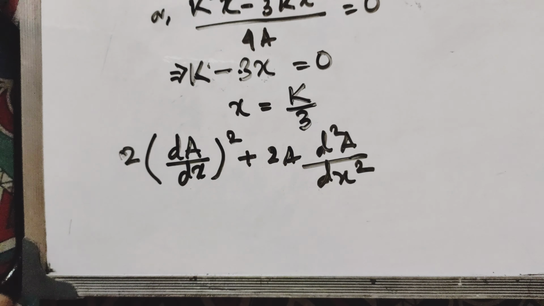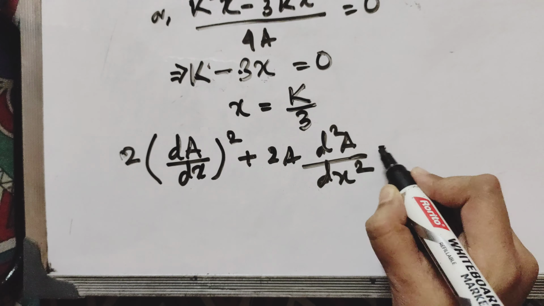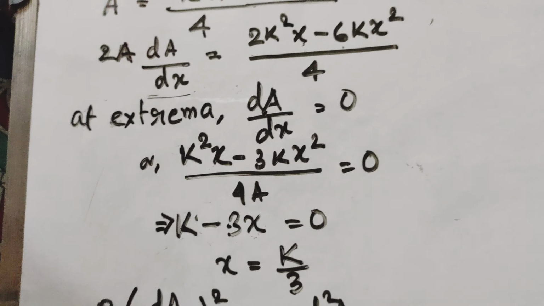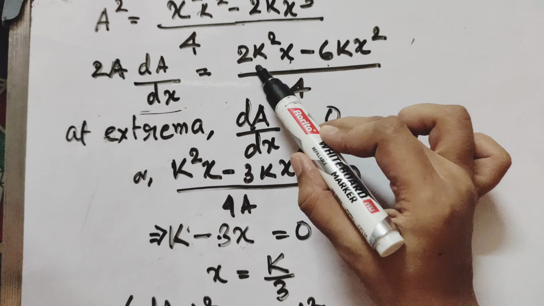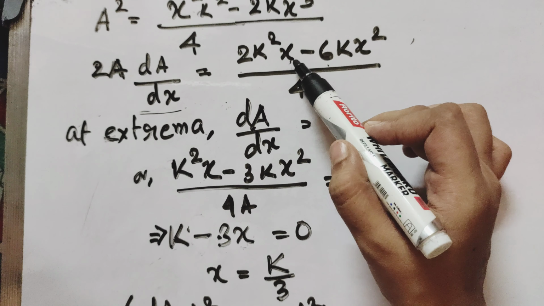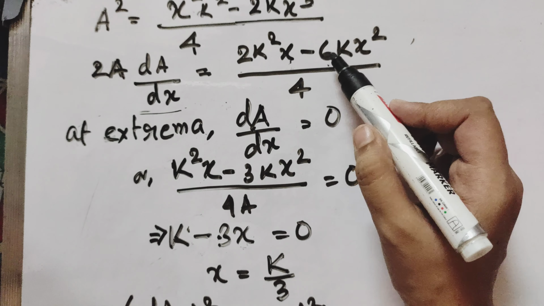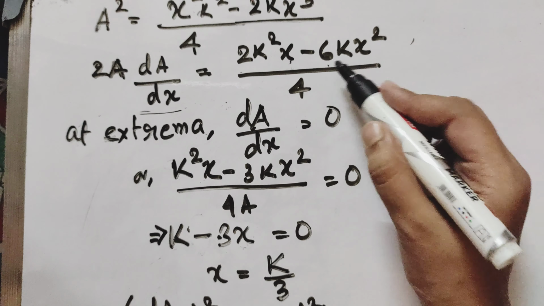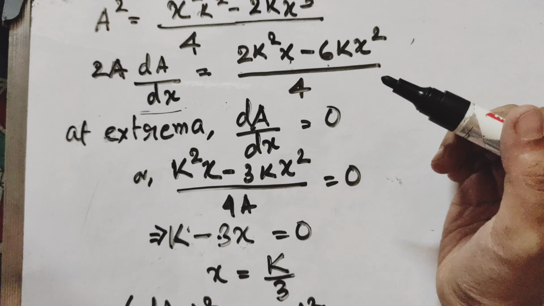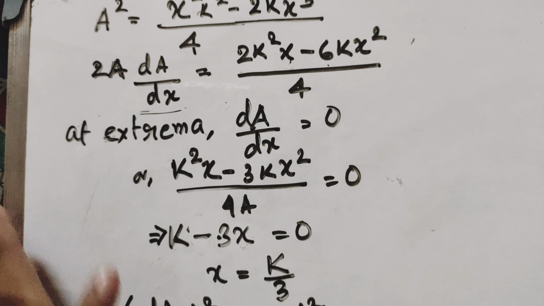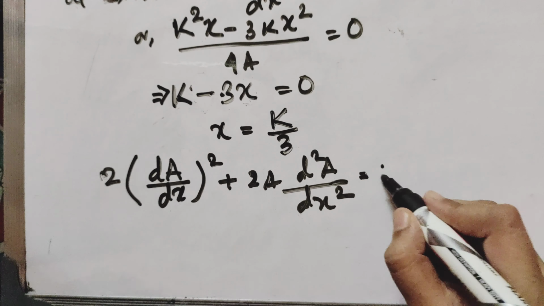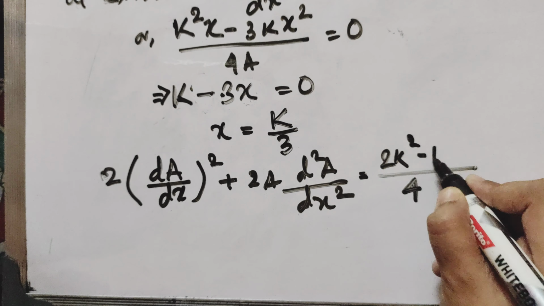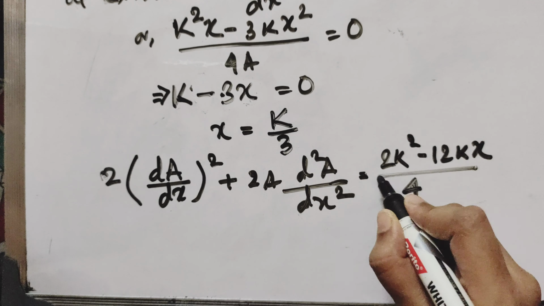This equals, and 1 by 4 is also a constant, (2k square minus 12kx) because the derivative of x square is 2x, so 2 into 6 is 12kx, divided by 4.